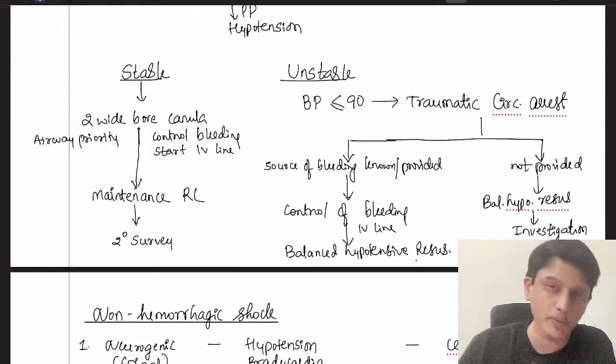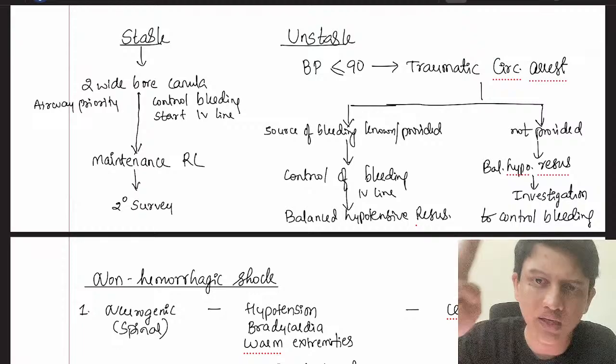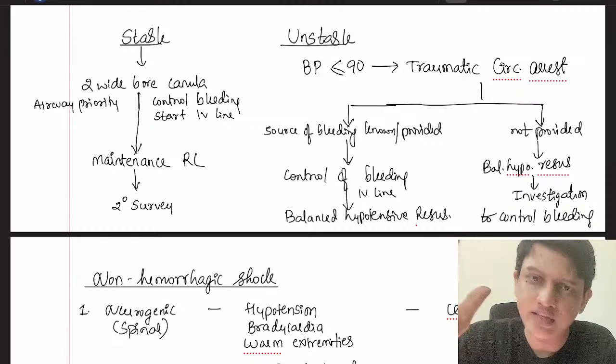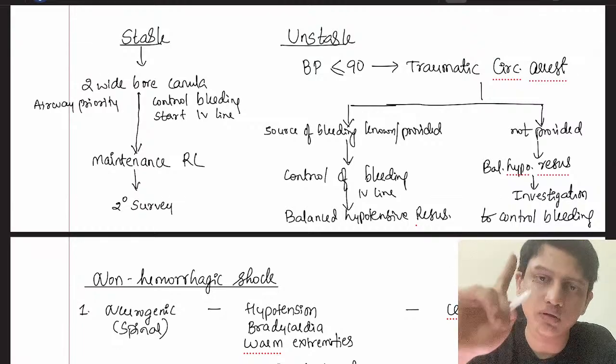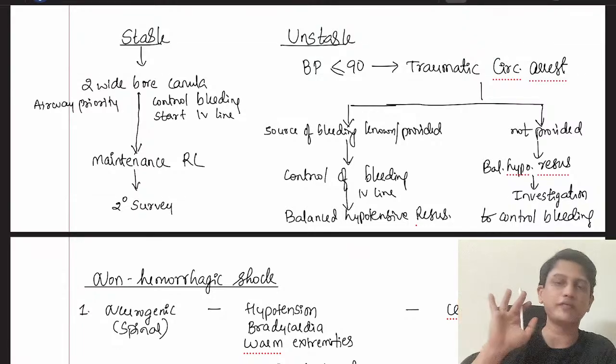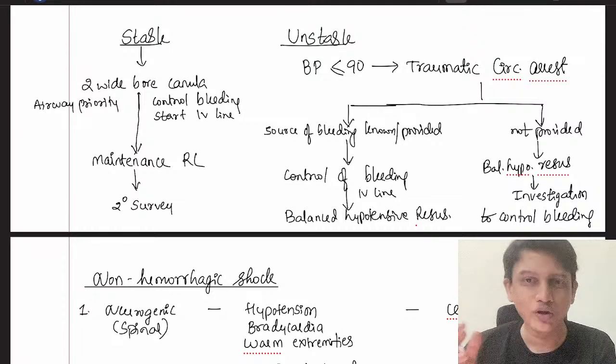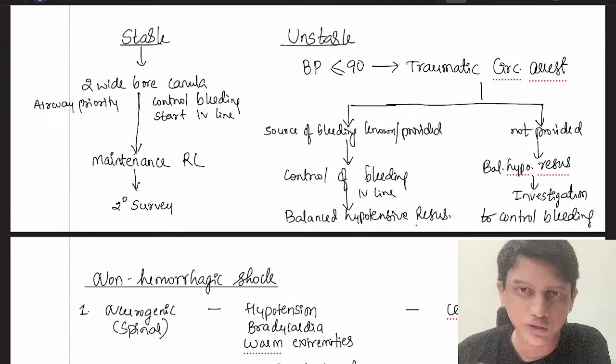Then how do you go about treating him? In all our trauma and surgery, we decide treatment depending on one common thing: whether the patient is stable or not. If the patient is stable, we can do all the investigations, all the initial precautions, measure everything, and then do the definitive thing all at once.